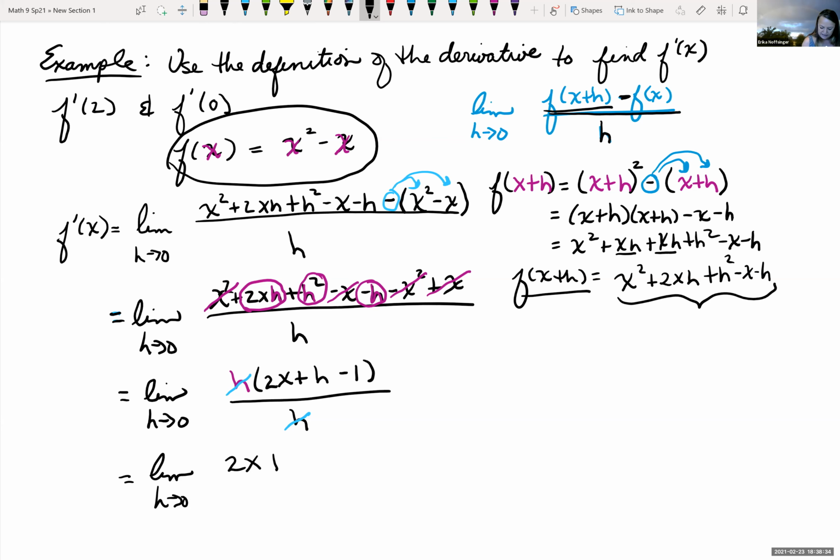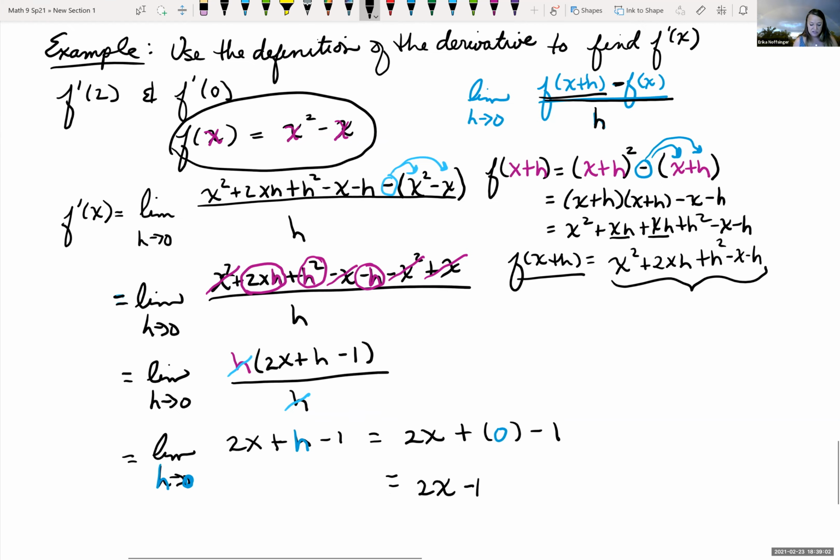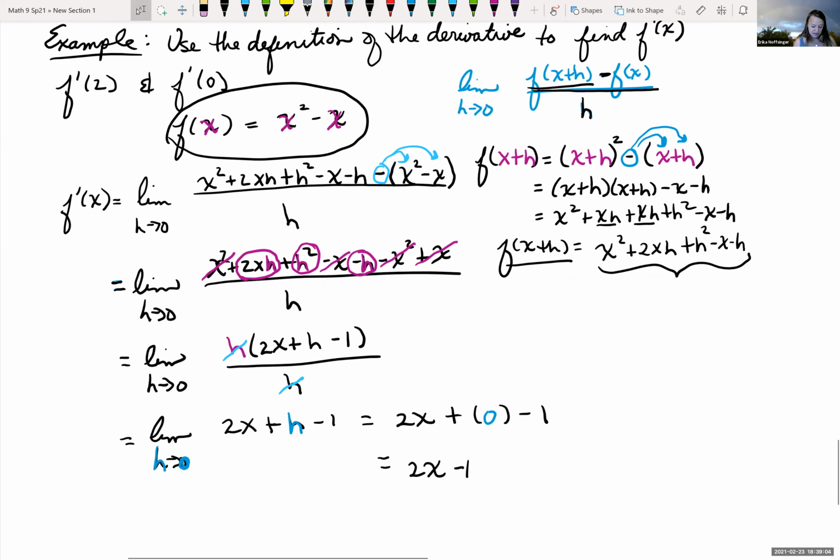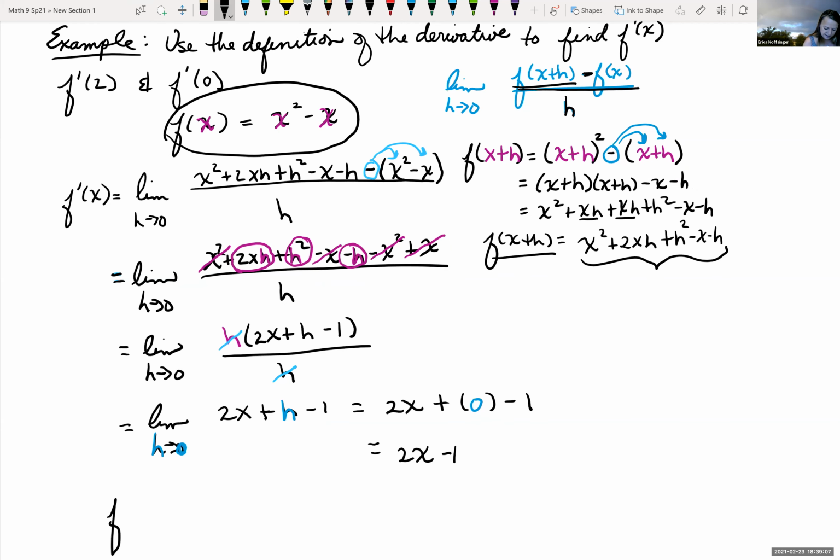And so we're going to plug in 0 wherever we see an h. And so when we do that, we get 2x plus 0 minus 1, or this is equal to 2x minus 1. Okay, so that is what the derivative of our function is. So this equation, f prime of x equals 2x minus 1.